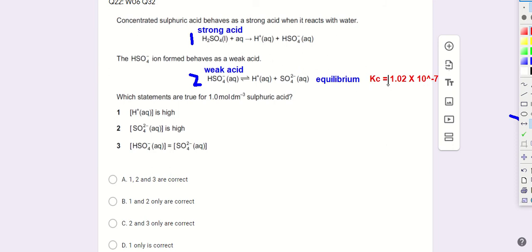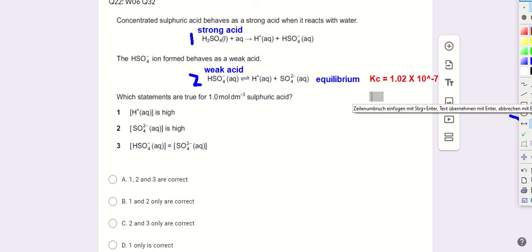Okay, and you're going to learn this in A2, and you're going to learn how to use calculation to find the concentration of hydrogen ion and also the base in this solution. So I found it already.